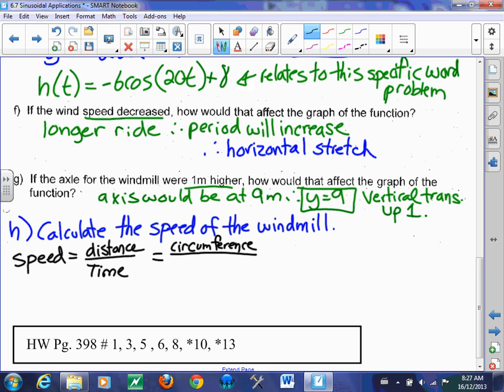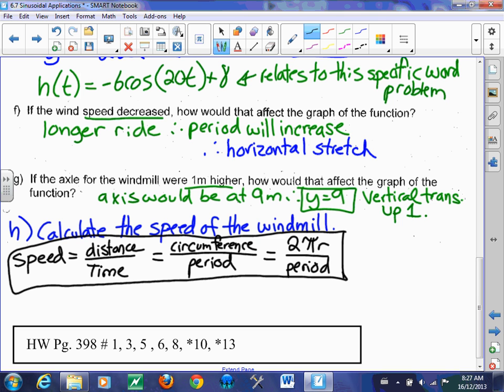In this case, the time to do one revolution is the period. So it's going to be 2 pi r, because that's the circumference of a circle, divided by whatever the period is. So I would put that in a box. Make sure you know that for your test.